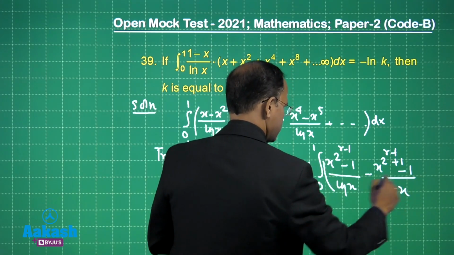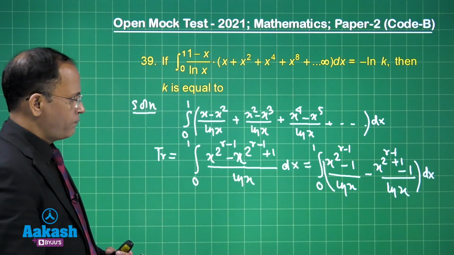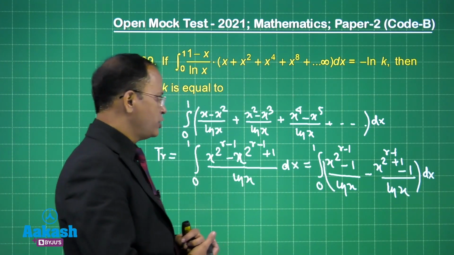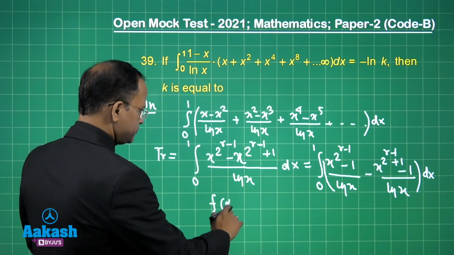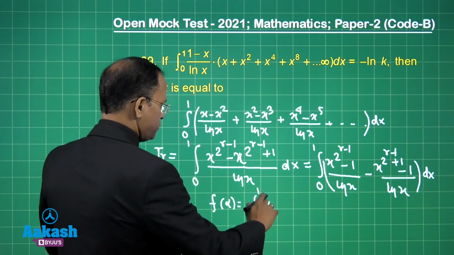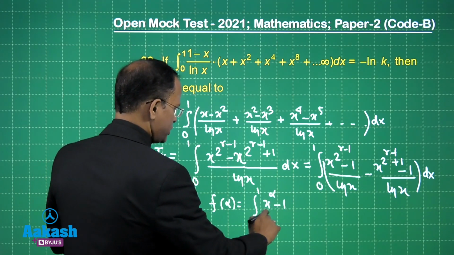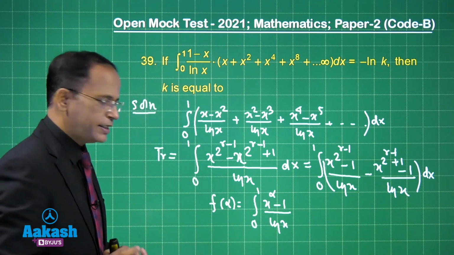This is dx, isn't it? Now here what we can do is, we can take f of alpha to be integral 0 to 1, x to the power alpha minus 1 divided by ln x dx, right? This is what we can take.